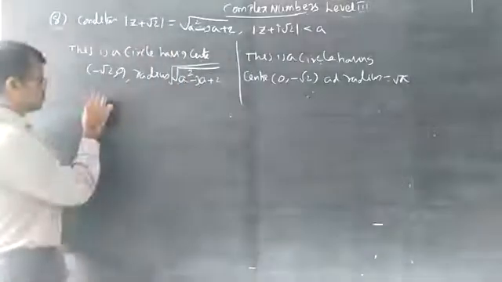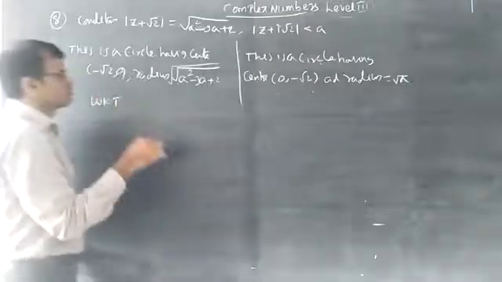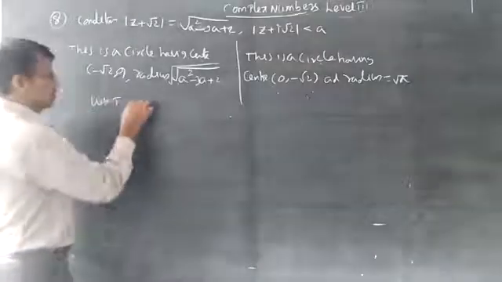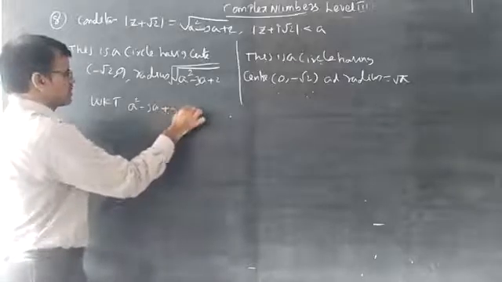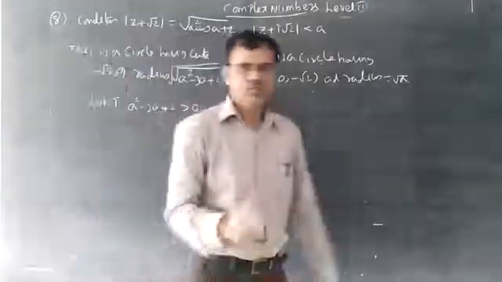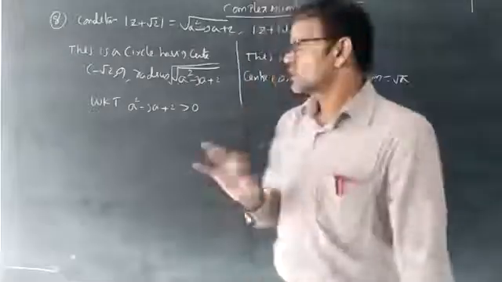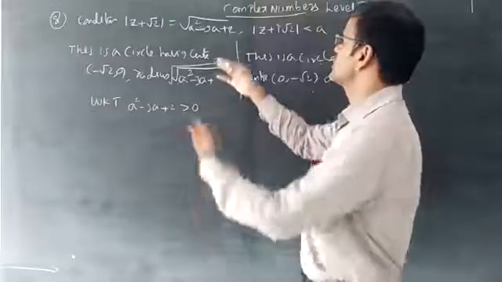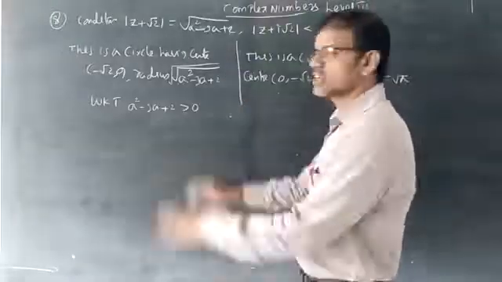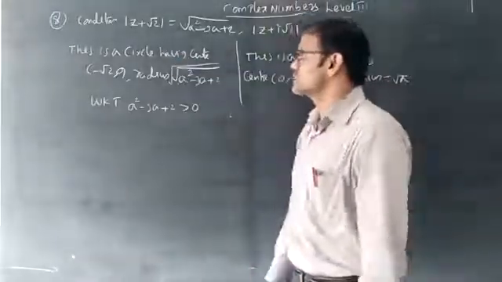Of course we know that a square minus 3a plus 2 is greater than or equal to 0. If he is not mentioning it is a point circle, if it is a point circle then there is no complex number, simply everything is 0. Whenever root 2 is there, it is not a point circle.